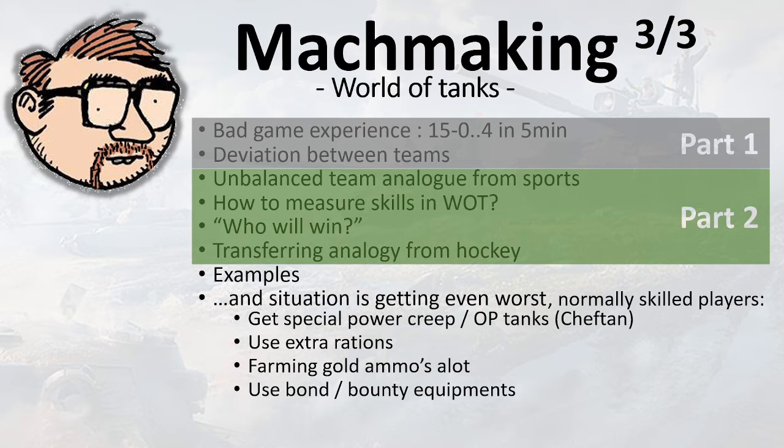And they don't have gold or anything they can use to move those bond equipments from tank to tank and so on. The truth is that they are spending bonds on those premium vehicles because it's more valuable to them to get credits with those premium tanks than to pimp up a couple of tanks with bond equipment.